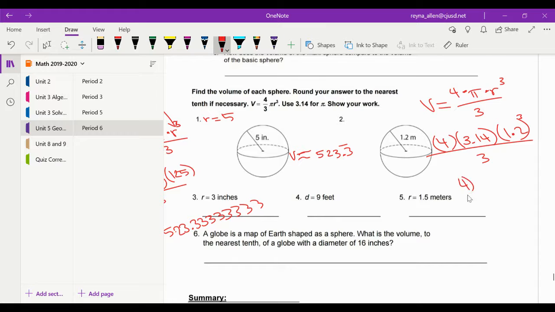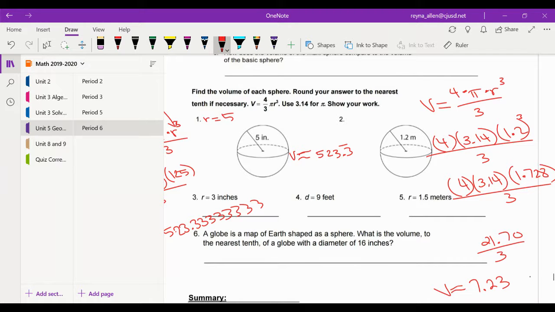Okay. 4 times pi times 1.728 divided by 3. Okay, do up top. 21.70 divided by 3. And we get 7.23, about. Meters. What? What's my meters? Good, cubed. All right, go ahead and work on your practice problems.